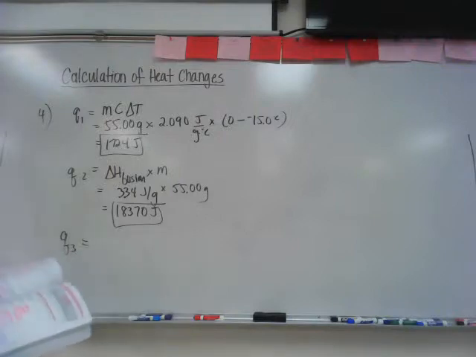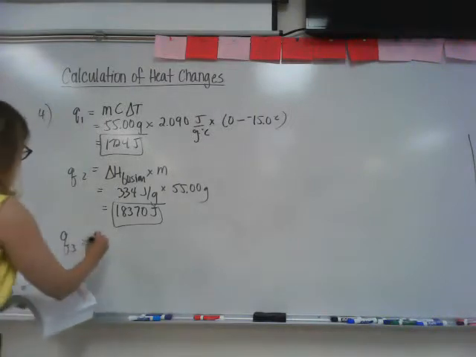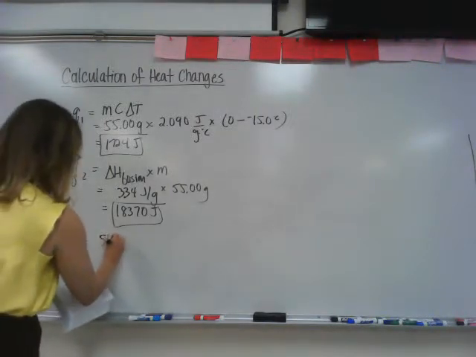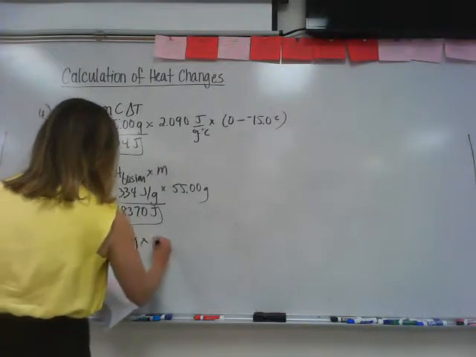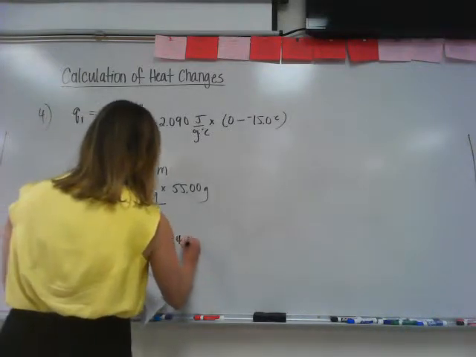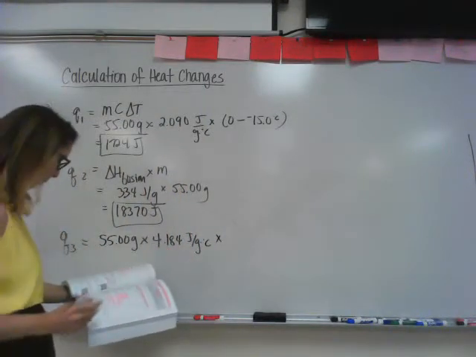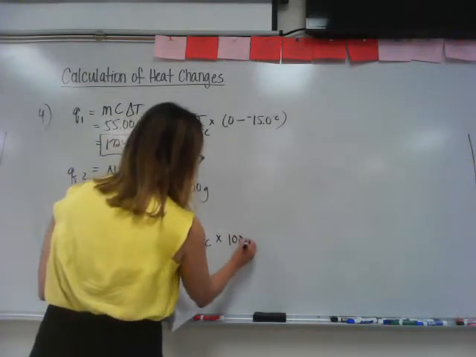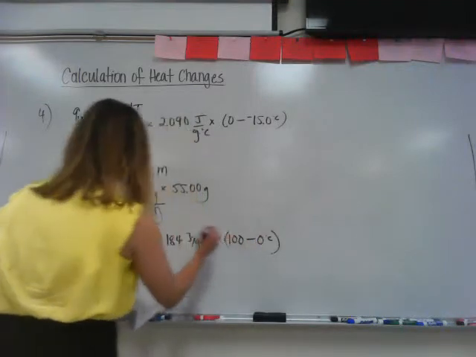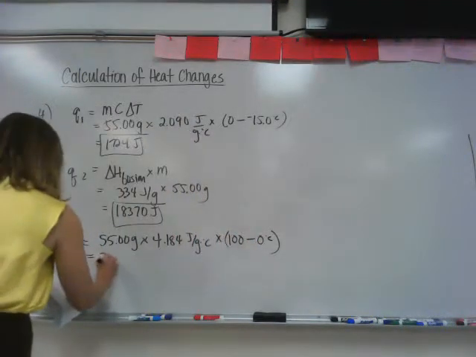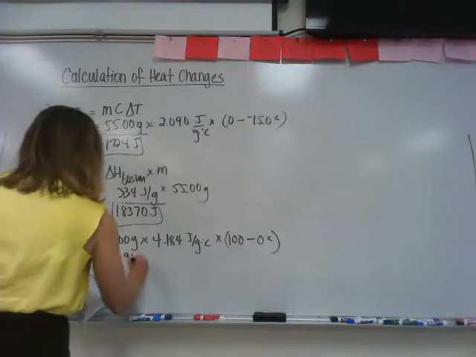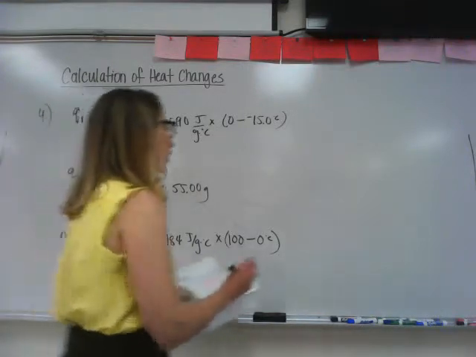Q3, you're going to go from 0 to 100 degrees Celsius because you're heating the liquid. So this is 55 grams times 4.184 joules per gram times degrees Celsius. That's the specific heat of liquid water. Final temperature is 100. Initial temperature is 0 degrees Celsius. You're going to end up with 22,990 joules for Q3.